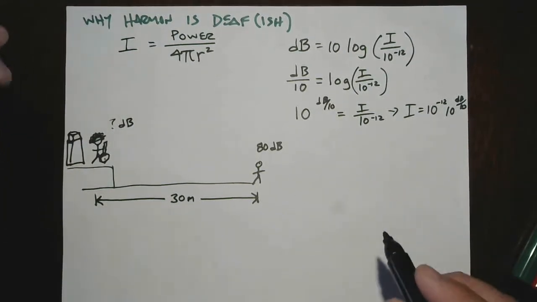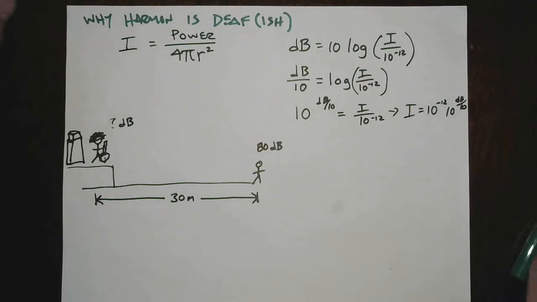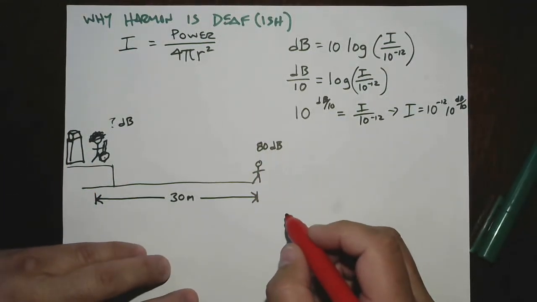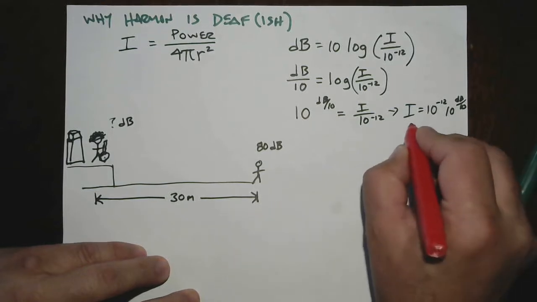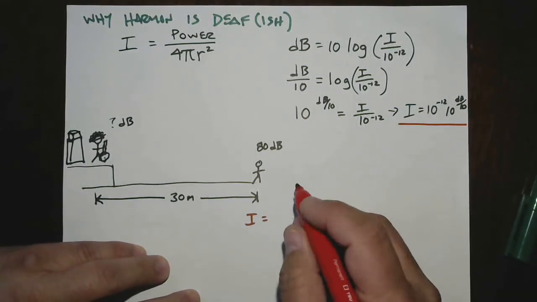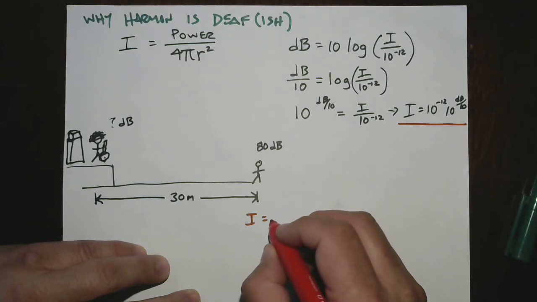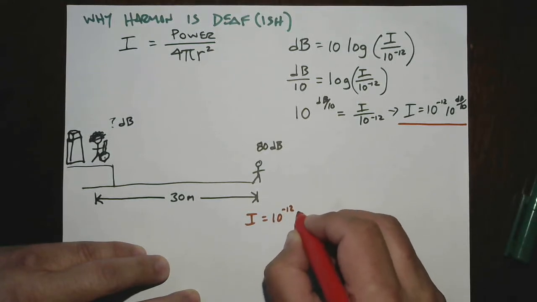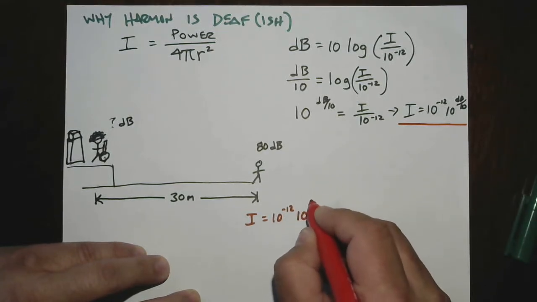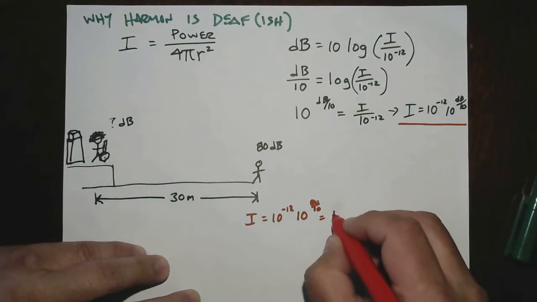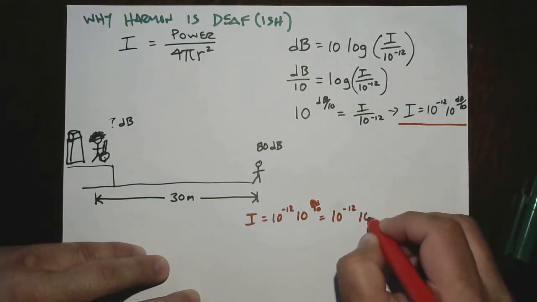Now, first thing we're going to do is say, for the audience member, what does 80 dB correspond to? Well, according to our modified formula here, the intensity associated with 80 dB is 10 to the minus 12 times 10 to the 80 over 10, or 10 to the minus 12 times 10 to the 8.